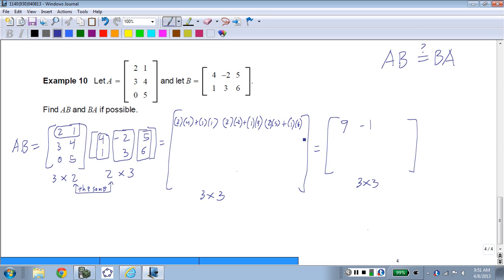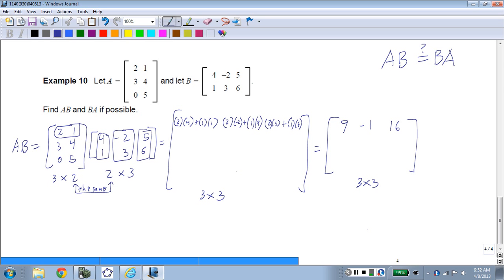And 10 plus 6 equals 16. So think about it. We obtain the entries in row 1 of the product matrix by taking row 1 and multiplying by the successive columns of the matrix on the right. And that gives us the entries in row 1.